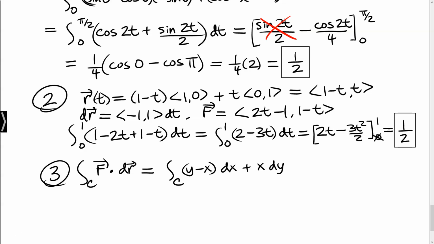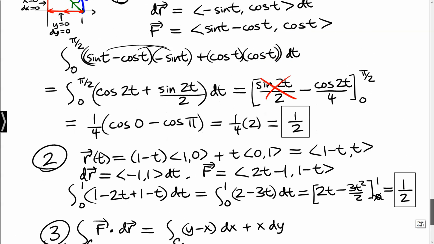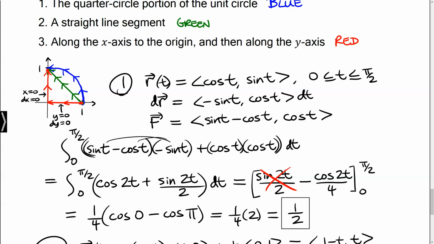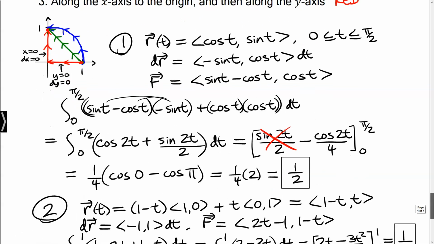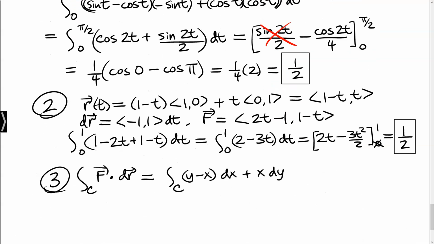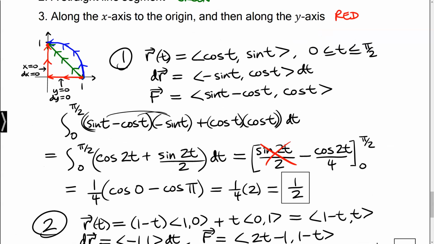Now, along the second piece, the one going straight up the y-axis, x and dx are both 0. So if we go back here, since x is 0, the second term here will go away. And since dx is going to be 0, the first term will go away. That means that going up the y-axis, this entire piece contributes nothing.